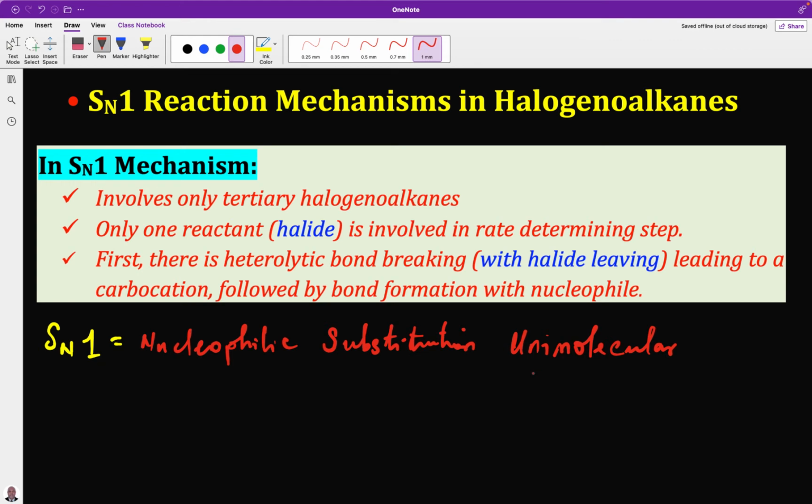I am saying unimolecular because there is only one. Unimolecular means it's only one molecule, only one reactant, only one reacting species that is involved in the rate determining step.